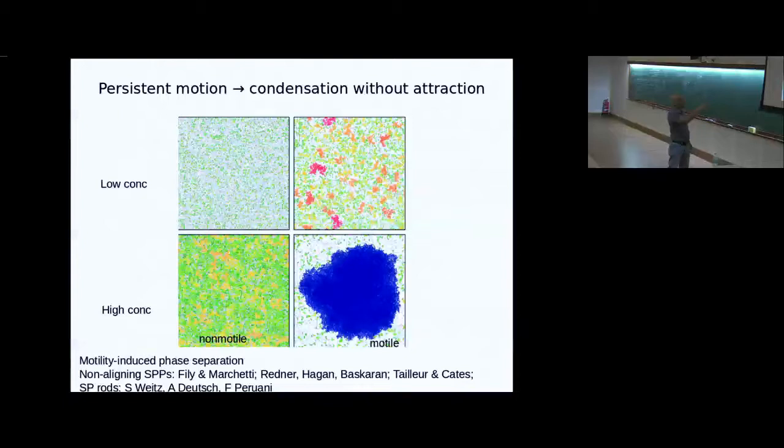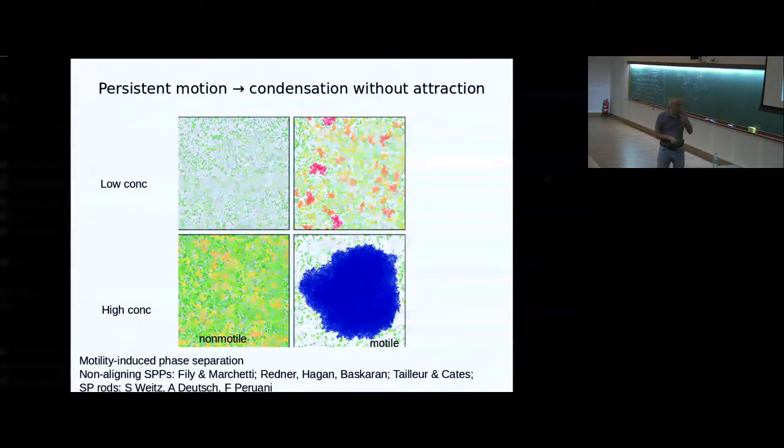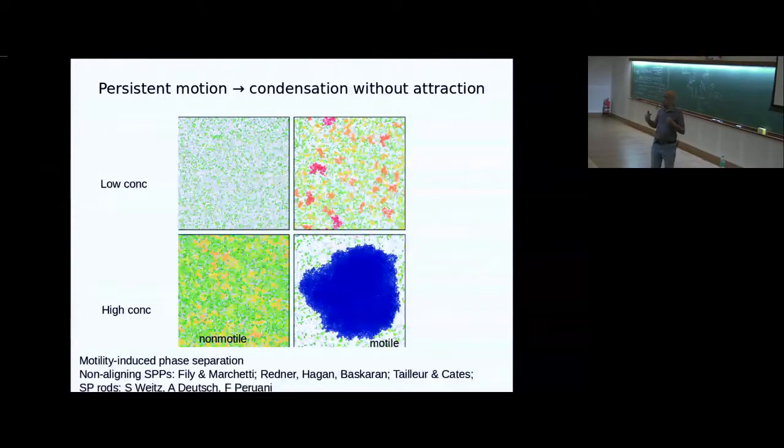These are ordinary hard disks without self-propulsion, non-motile, at low concentration and at high concentration. And at the same low concentration and the same high concentration, these are the particles that are following their nose. And what you see is that simply because they can't get out of each other's way, they can't go through each other, they can't get out of each other's way by seeing each other and avoiding each other, and it takes them time to turn around in order to get out of each other.